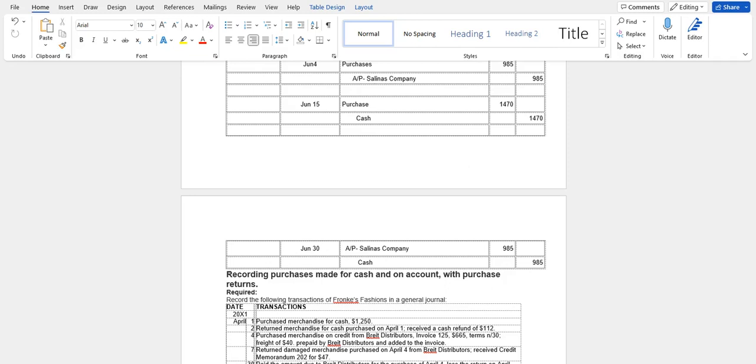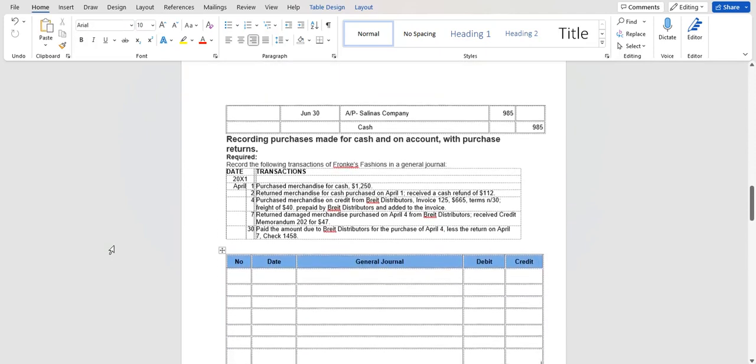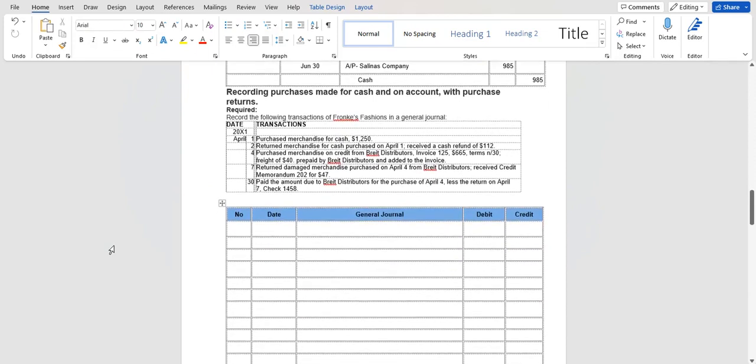And in this next problem, we're going to be looking at recording purchases made with cash and on account with those purchase returns included. Okay, so as I'm going through here, I do want to be sure that you did take the time to go onto Canvas and print out this worksheet because it is available to you there.